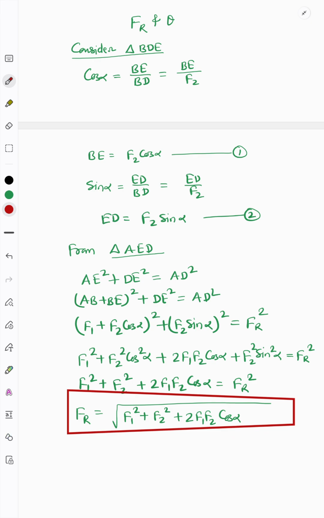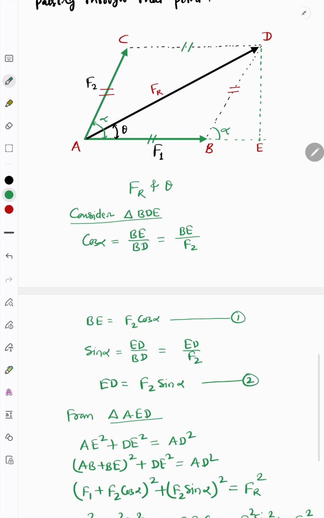Next we will calculate the direction, that is, the direction of the resultant force FR. To determine this, we write tan theta. If you take theta here, what is tan theta? That is the height ED divided by AE.